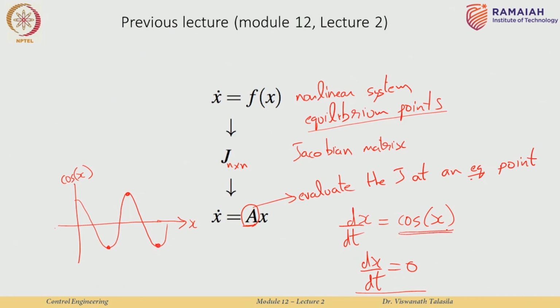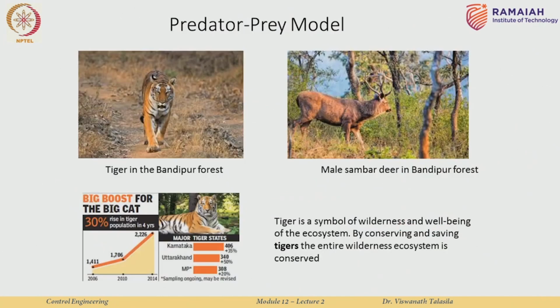For this you actually have an infinite number of equilibria, as long as x keeps on repeating. So, for a nonlinear system, it is not necessary that you have a single equilibrium point, you can have multiple equilibria. With that in mind, let us go to two interesting examples for today.